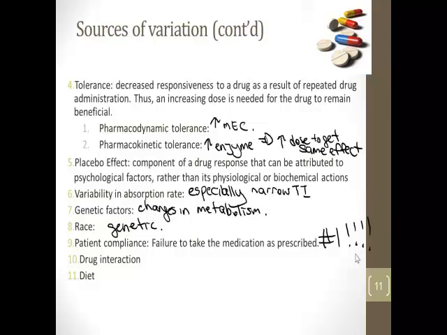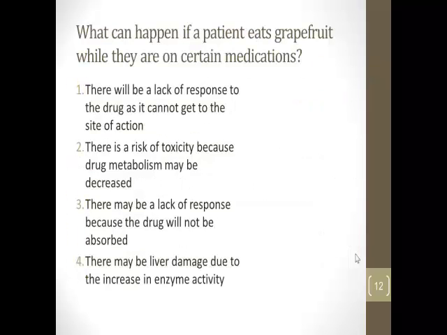All right, so that's one of the big things. And then drug interaction we covered before, and diet as well. All right, so drug-food interactions. You've got some multiple choice questions happening here.